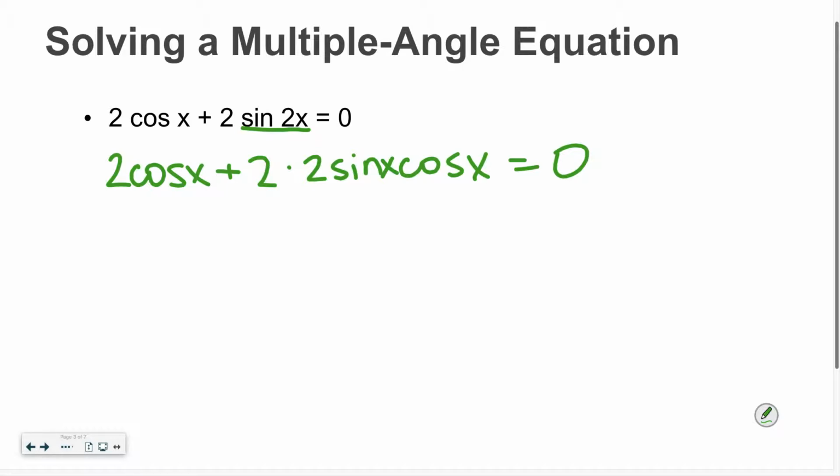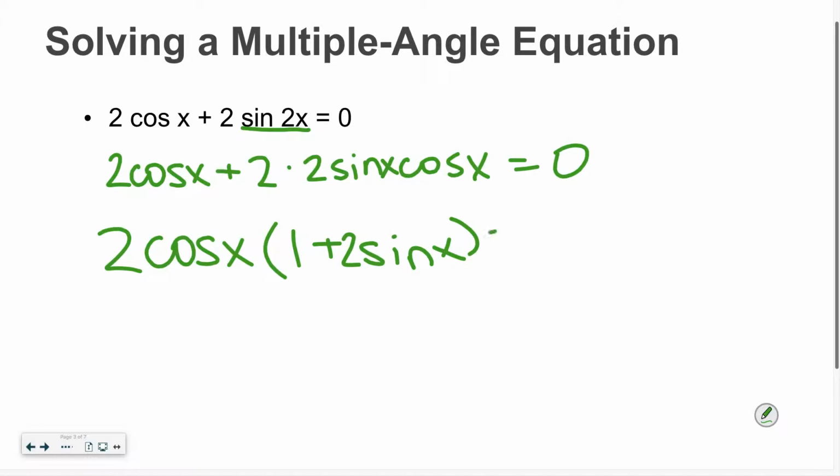Both terms have what in common? Anything else? I'd say they have a 2 in common also, right? So left over here would be 1 plus 2 sine x.